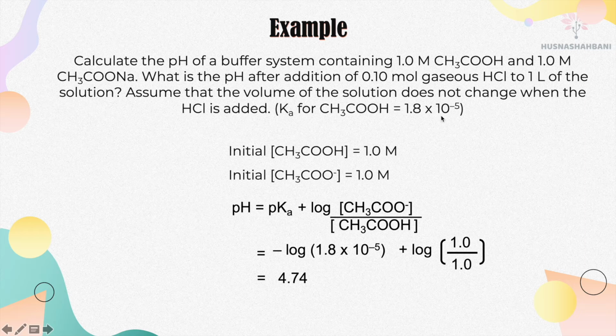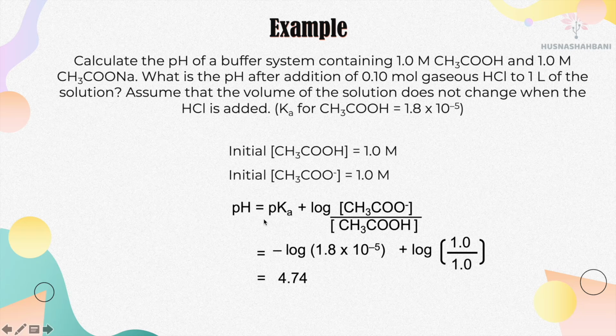The Ka value is given. We know the initial concentration is 1 molar for the weak acid, and the initial concentration for the conjugate base CH3COO-, the conjugate base or the salt, is the same, 1 molar as well.